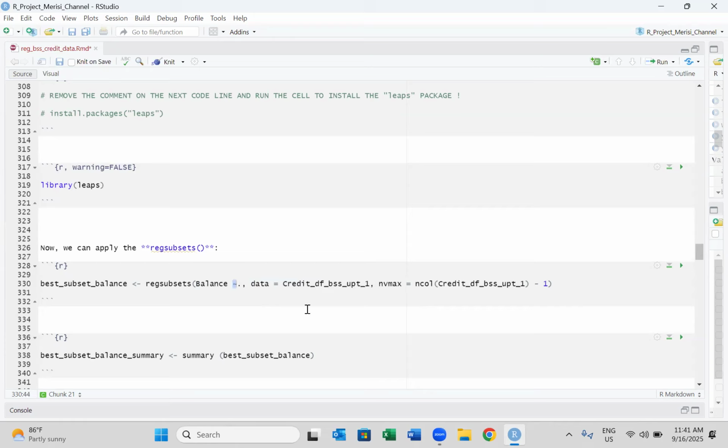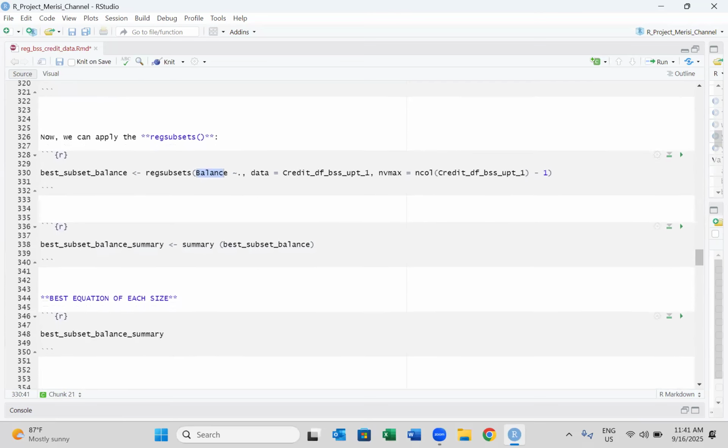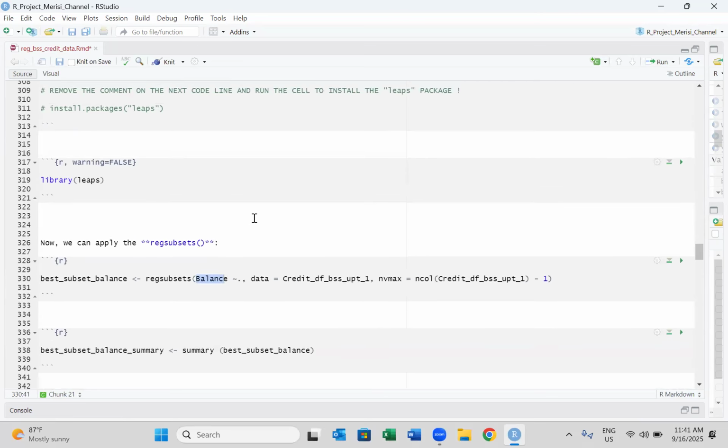Before the tilde symbol, you define the column from your data frame that represents the outcome. Here we're saying our outcome variable is balance, this column right here. Then you use the tilde symbol, and after it, you define the predictors.